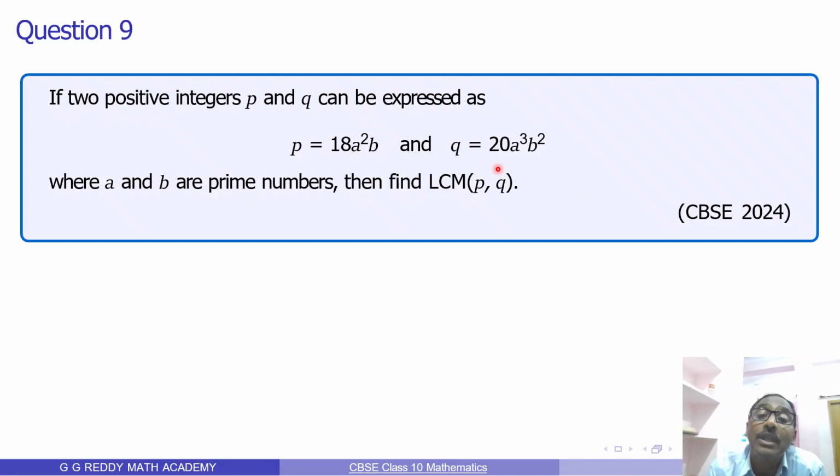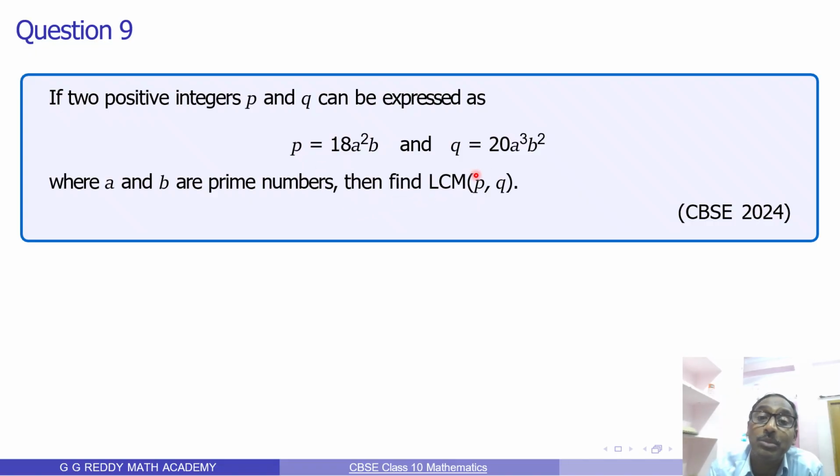Here a square b, here a cube b square. From here you can take a square b common, and you can do prime factorization for both 18 and 20. Then write the LCM of p comma q. Highest powers you will take.